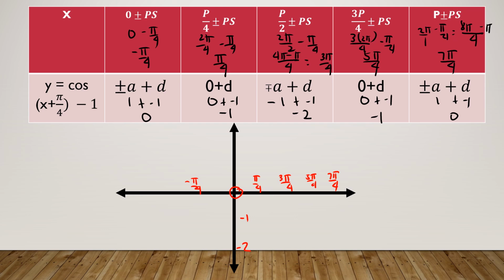So we have negative pi over 4, 0, pi over 4, negative 1, 3 pi over 4, negative 2, 5 pi over 4, negative 1, and then 7 pi over 4, 0.